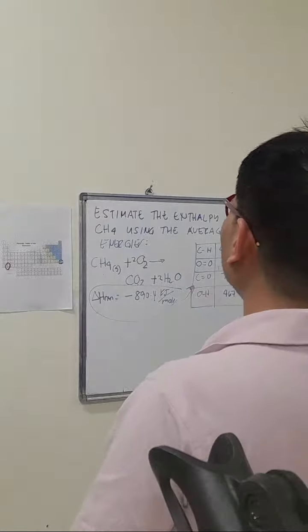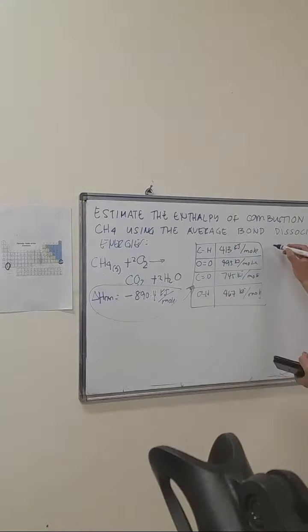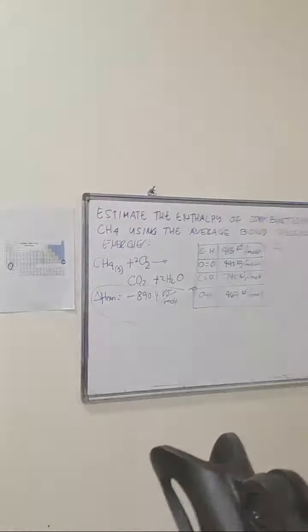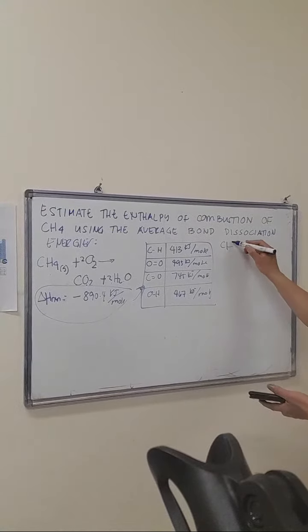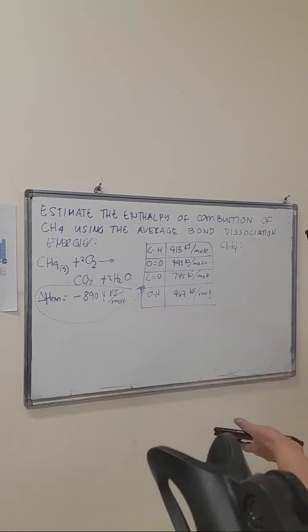How can we do that? Bonding, the chemical bonding of CH4. First, go to the methane. You should do this individually. For CH4, draw the Lewis dot structure of the chemical bonding. Our parent element for the chemical bonding is carbon, which has 4 electrons in the outermost shell.